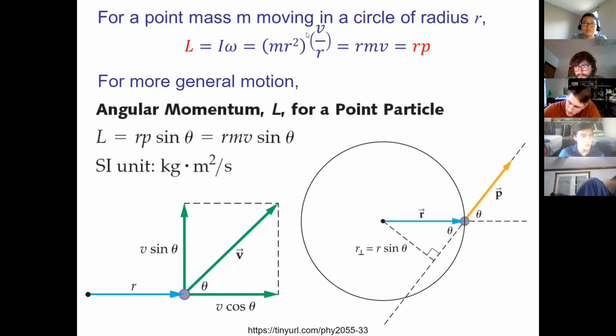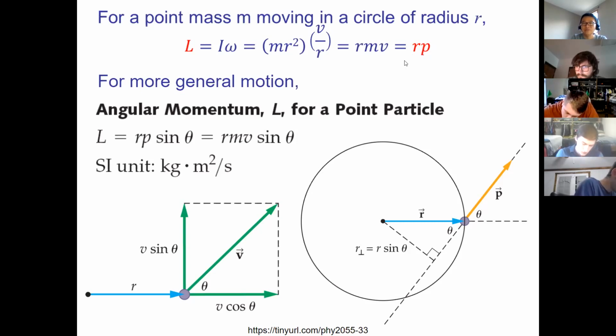Combining these two expressions, the r in the denominator will cancel out one power of the square. So you will have m r v remaining, or r times m v. m times v is the linear momentum p. So angular momentum equals the radius times the linear momentum p.